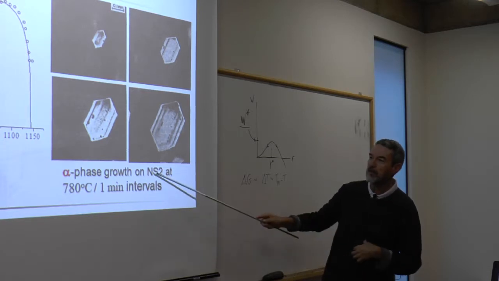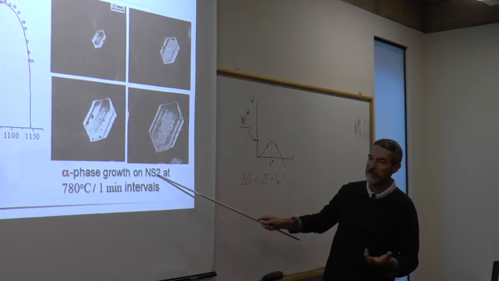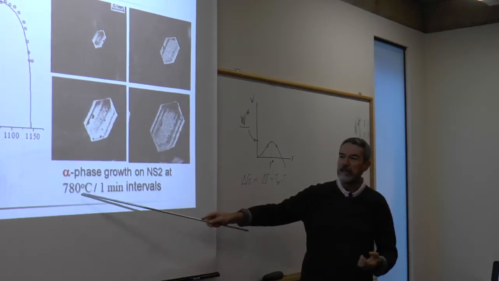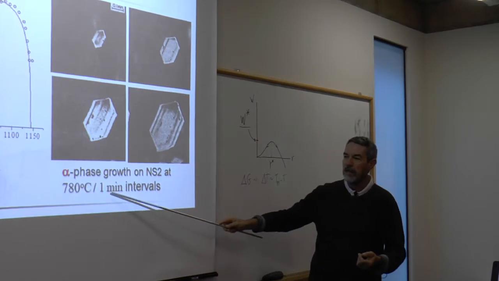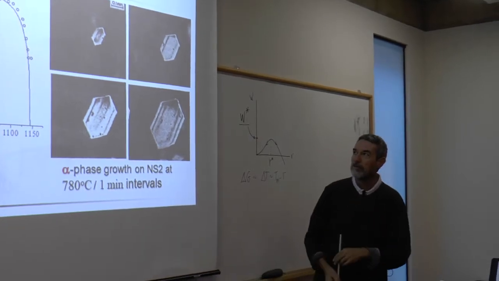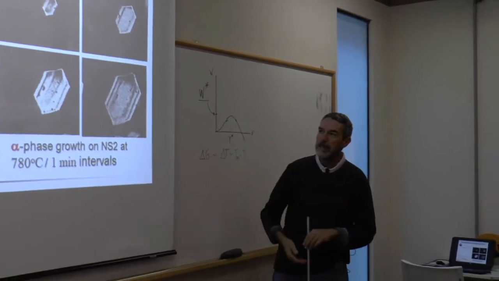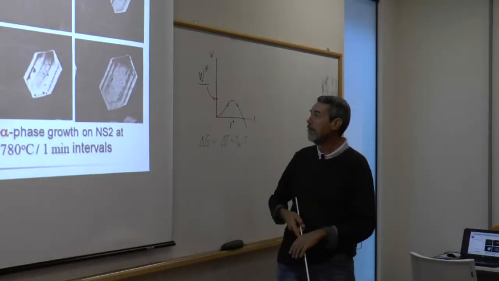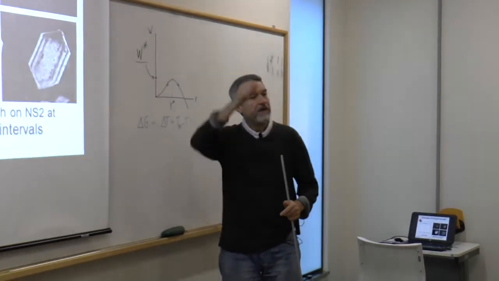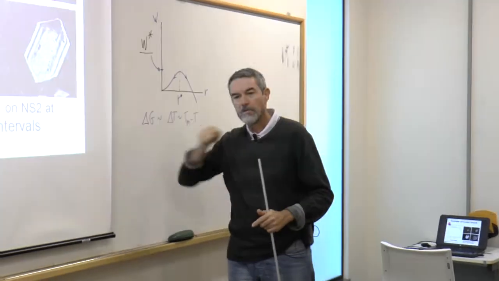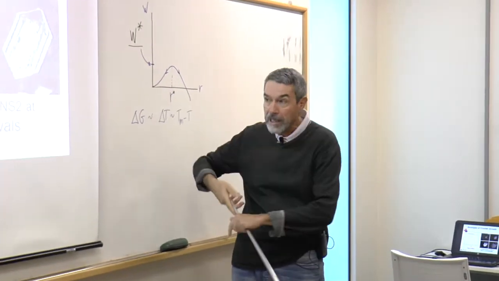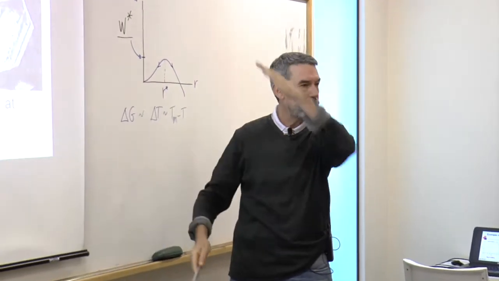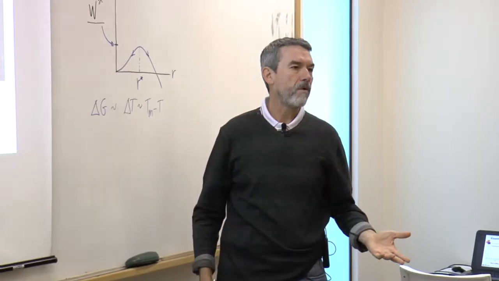In this case, it is a sodium disilicate glass at 780 degrees Celsius in 1 minute intervals. And then you have a plot of size versus time for that particular temperature. The slope is the crystal growth rate.